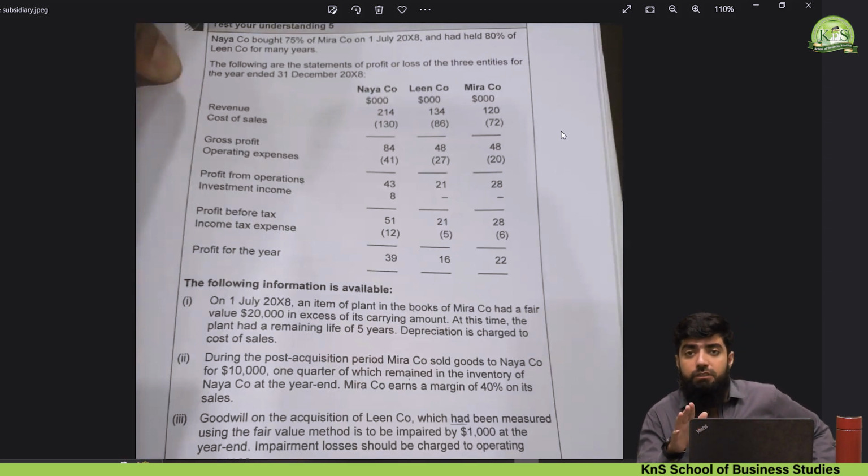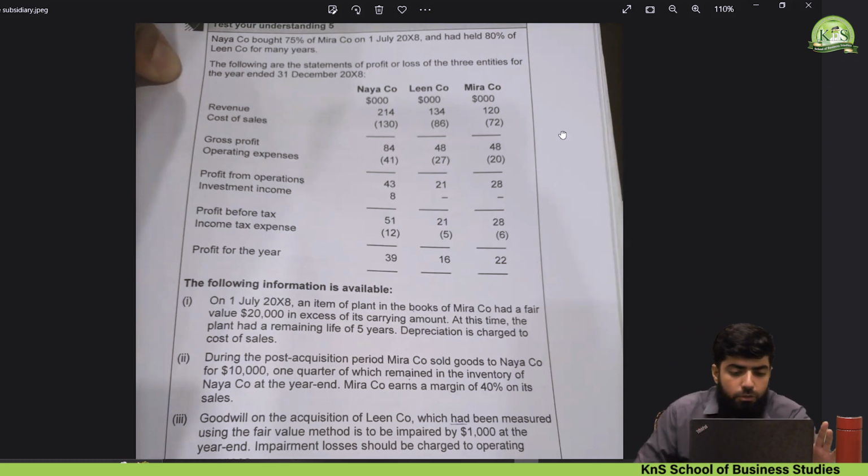It means there is no associate company; both are subsidiaries. Naya acquired Media on 1st of July, a mid-year acquisition, while Lien was acquired many years ago, so it is not a mid-year acquisition. The P&L of three companies is given in the question.